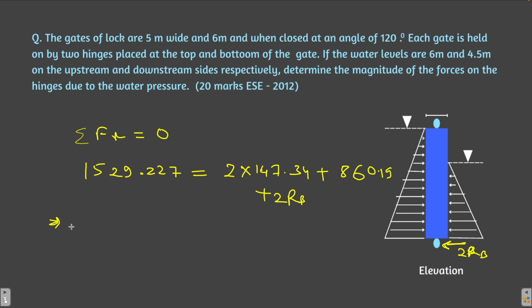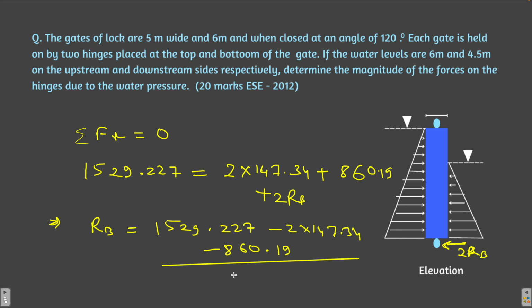So let's solve this to find out the reaction at B. So reaction at B will be 1529.227 minus 2 into 147.34 minus 860.19 by 2.